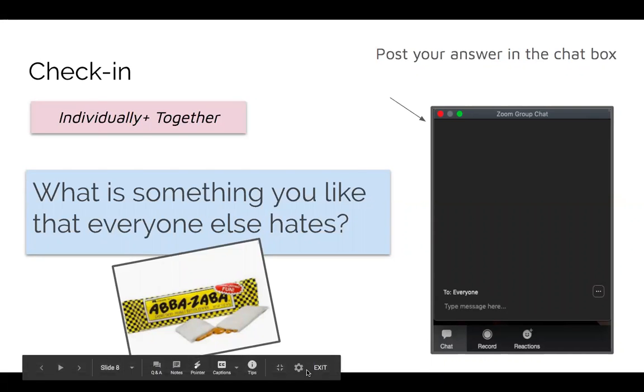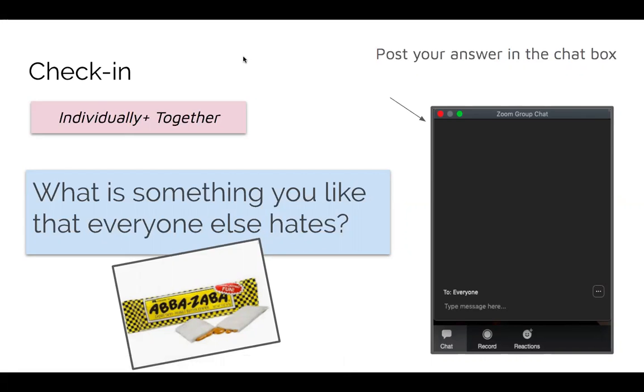So feel free to go ahead and participate in the chat. So what is something that you like but everybody else hates? It doesn't have to be food, it could be anything. The dark. Yeah, some people like the dark, even though I probably would not want to range through there. Thank you, Kiara, for participating. Let's make sure we all get our voices in there. And it's okay if you don't know, just put you don't know.